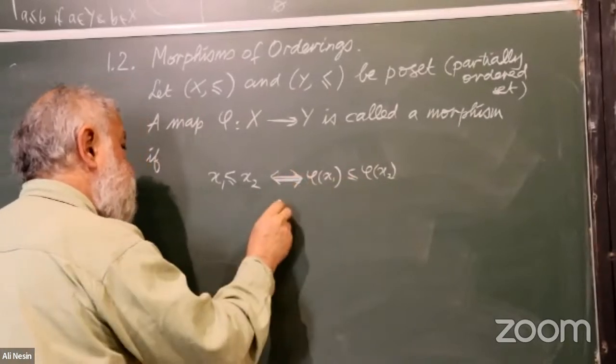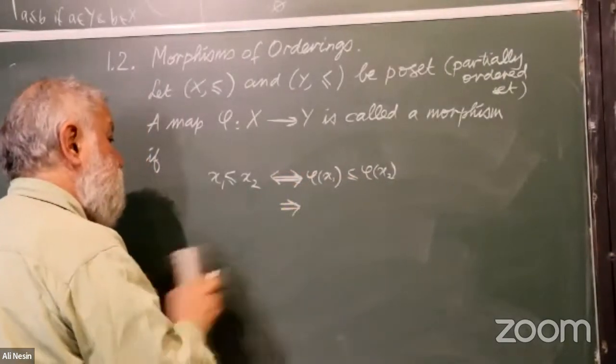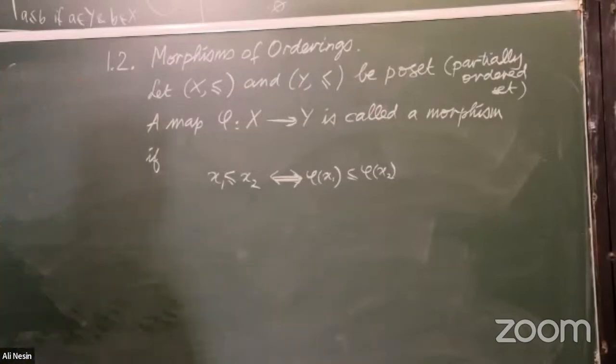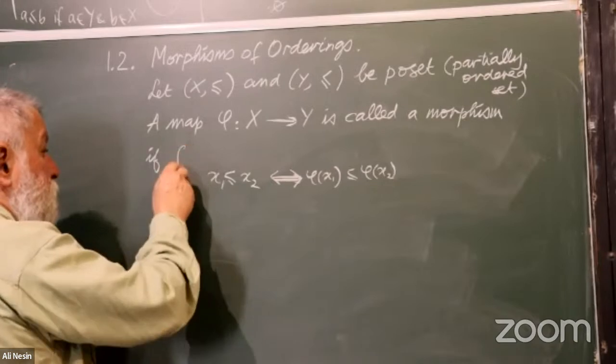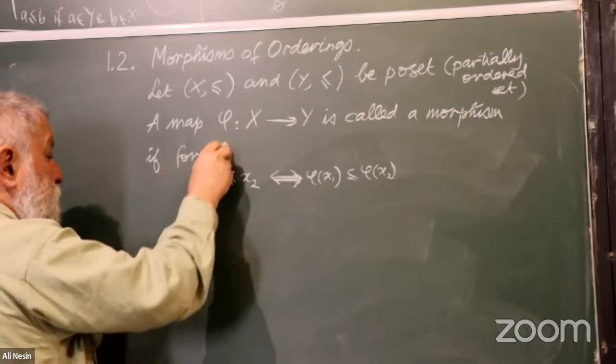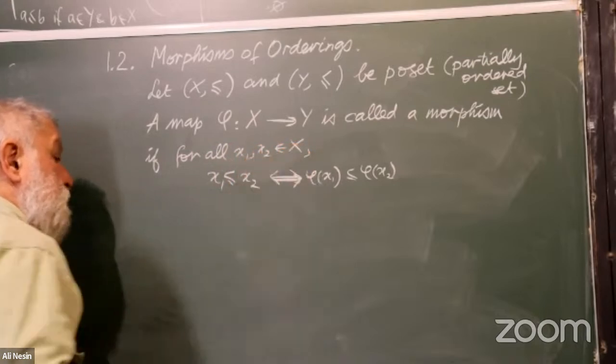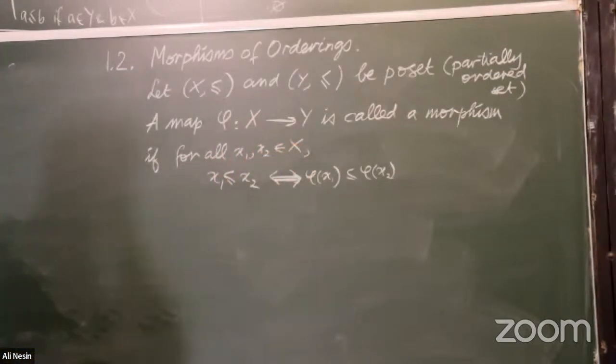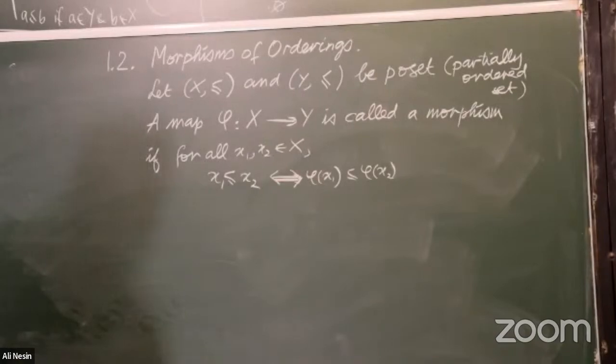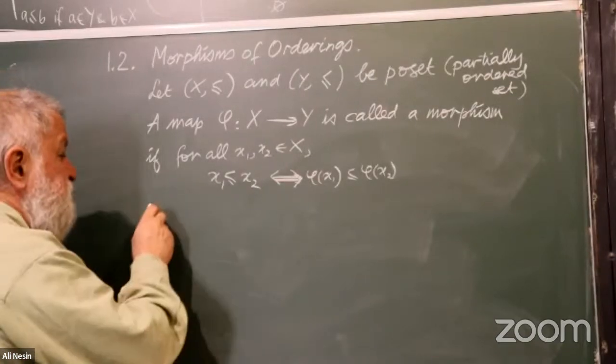In some books, they only take one direction, but I will take both. In other words, phi preserves the ordering. We can also say that phi is increasing.